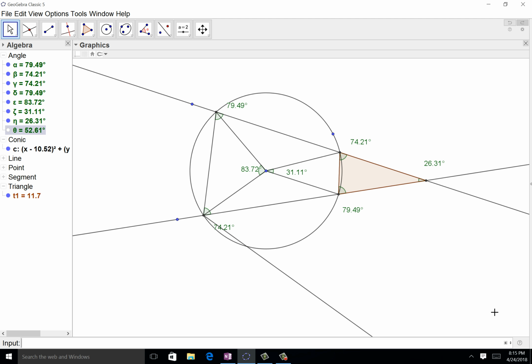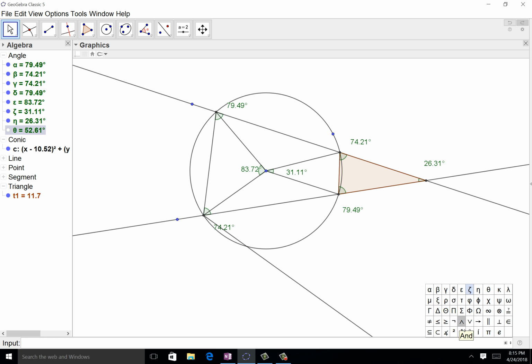And we get 52.61. Now, is there a way to get from 52 to 26? Wait a second. I think we can divide that by 2. So if I take this, which you can see is another Greek symbol, let's go get that.